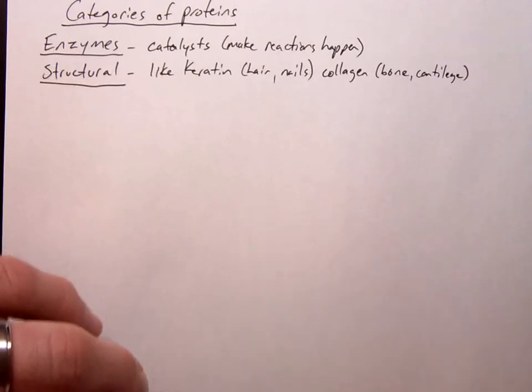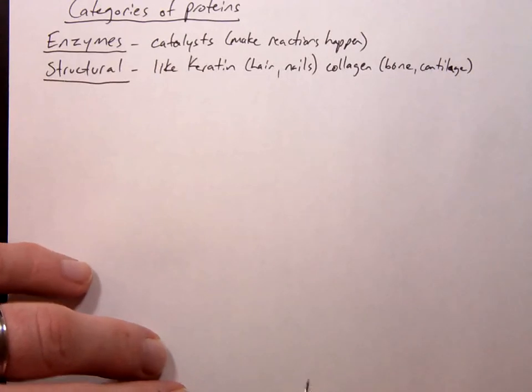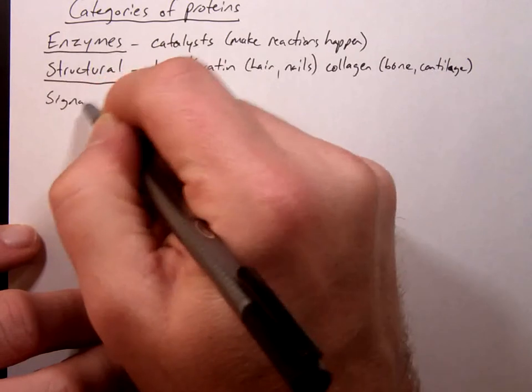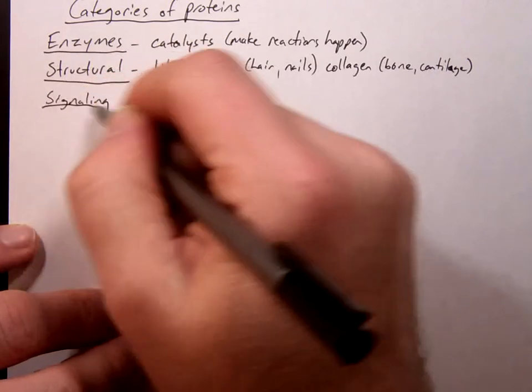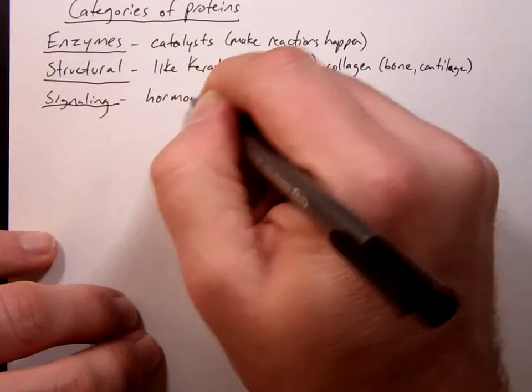Bone and cartilage. I think it's cartilage, I think. Check me on that. All right, next one would be like a signaling protein. Signaling protein. And these would be like your hormones that basically tell other cells what to do or how to react.